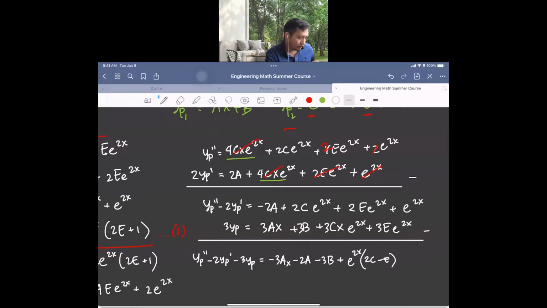Minus 3c. Maybe we could write the c first: minus 3cx e^x, plus 2c.